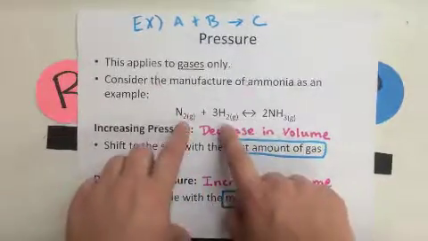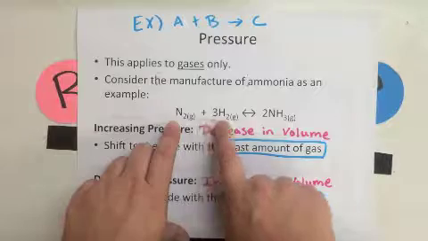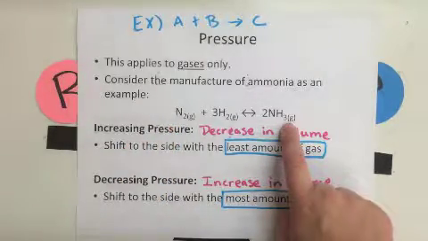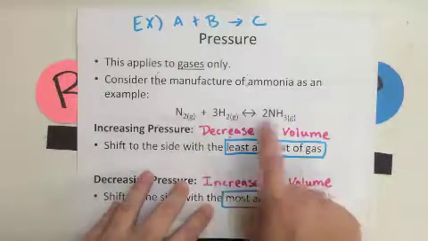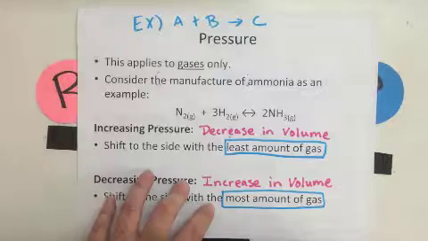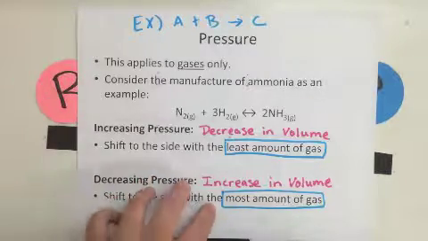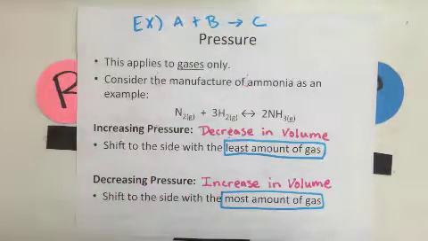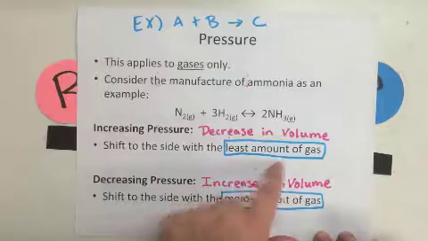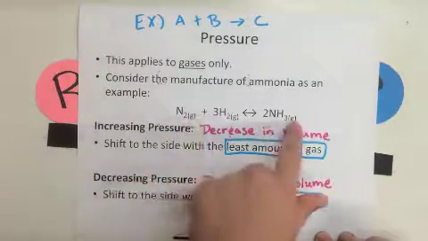Okay? So the example here, you have N2 plus 3H2 produces NH3. Okay? So let's say I increase pressure. Which side will the shift go towards? So you've got to remember, if you increase pressure, that decreases volume, so you have to have the least amount of gas in there to make up for the pressure that you included here. So which side has the least amount of gas? This side or this side?